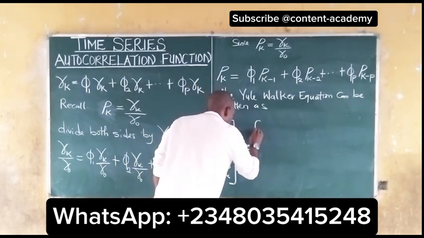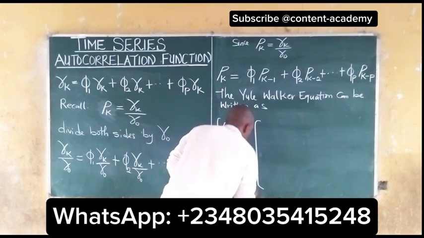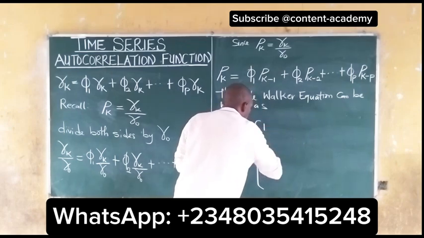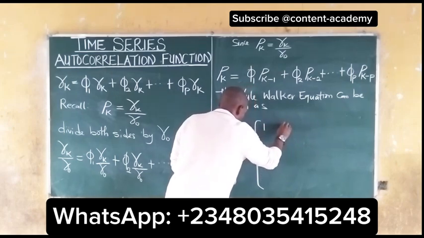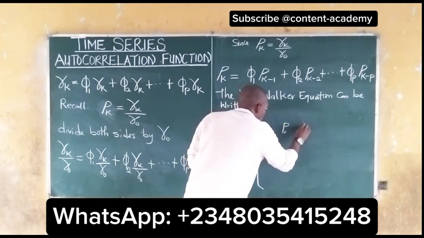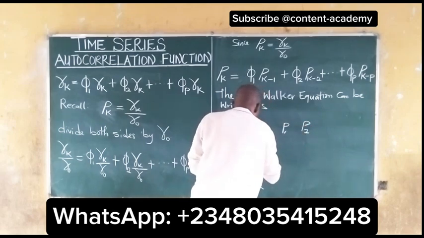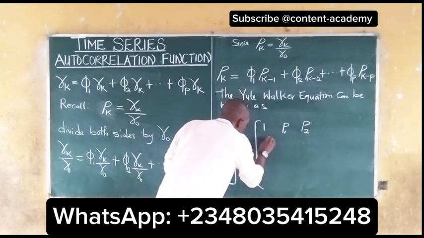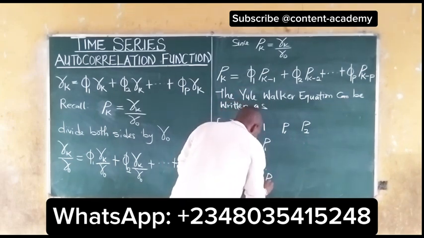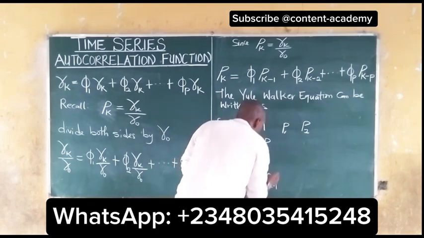The next on the list we have this again. So we write rho 1 and it continues to give us rho k minus 1.